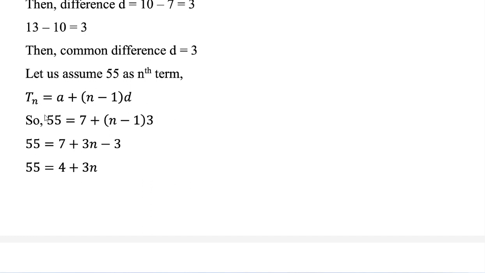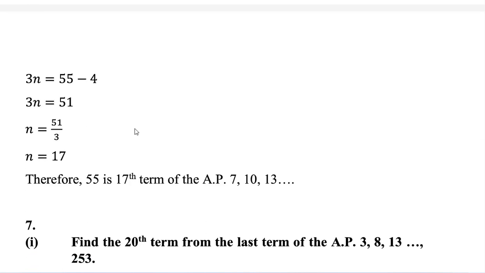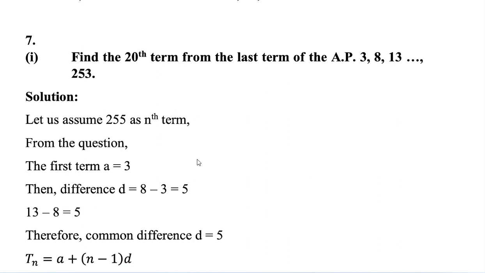So put 55 in place of Tn, put the values of A, put the values of D. So one equation, one unknown variable, and you will get the value of n. A little bit of simplification, you will get n is 17. So here 55 is the 17th term of the AP. Come to the next problem.